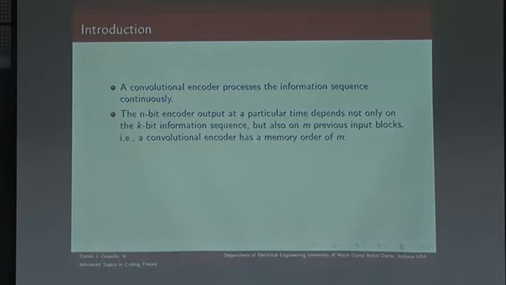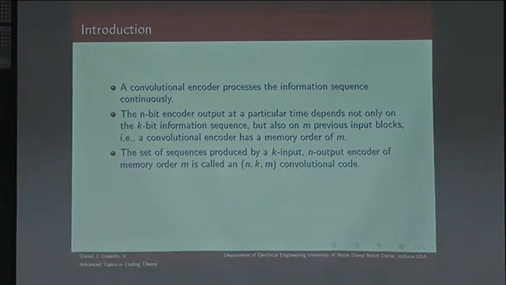In a block code, those outputs depend only on the k input bits at that time. But in a convolutional code, the outputs depend on the k input bits at that time plus the k input bits in some number of previous blocks. M is what we use, and it's called the memory order of the encoder. So a convolutional encoder simply has memory, and a block coder doesn't.